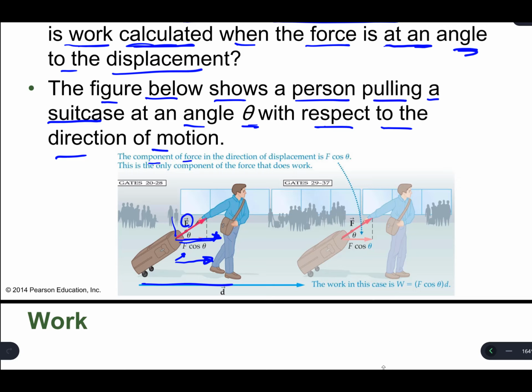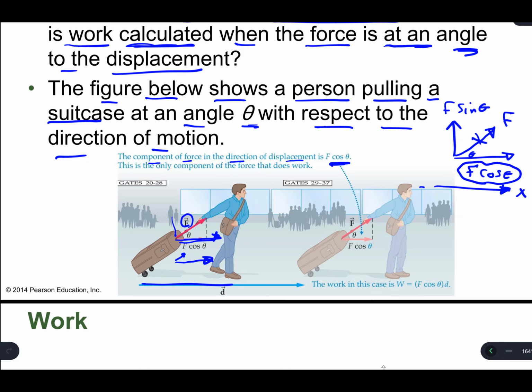The component of force in the direction of the displacement is F cosine theta. You know well that if you have a vector like force, you can resolve it into F cosine theta and F sine theta. The motion is in the x direction, so you will use this component, and the other one doesn't make work.